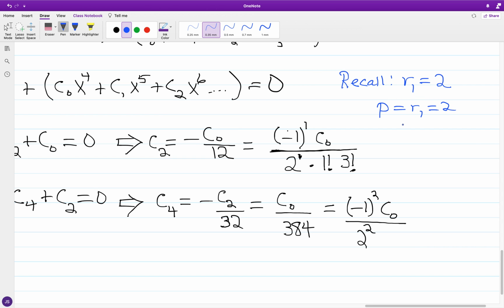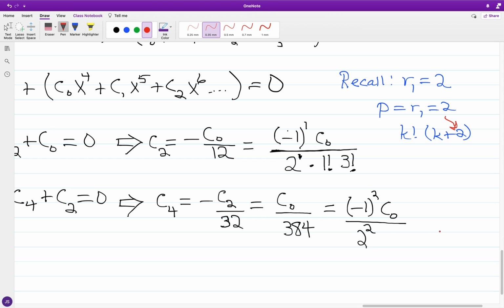So in the pattern, once you get back to the decimal notation, we have k factorial and k plus 2 factorial. So you have 1 factorial times 3 factorial. And guess what? We have 384. So you have 2 squared, 4, going into 384, 96 times.